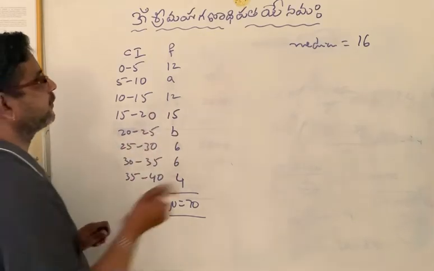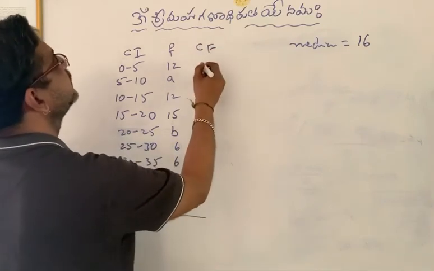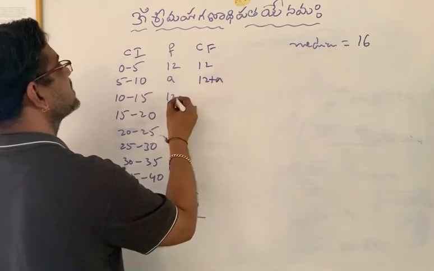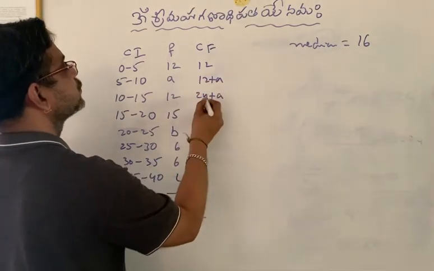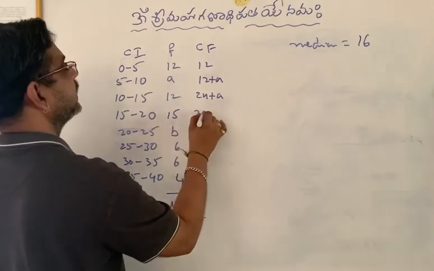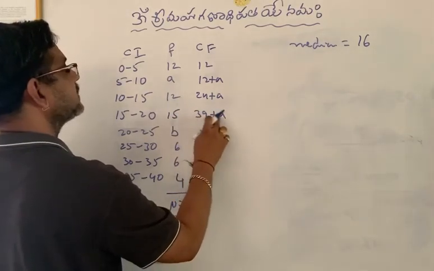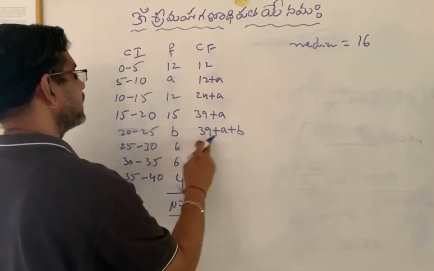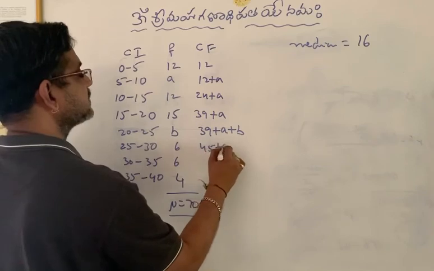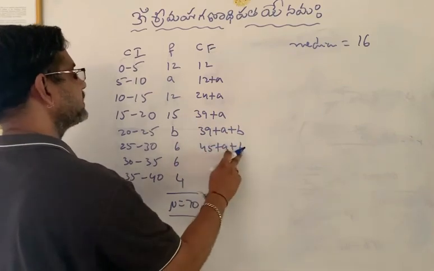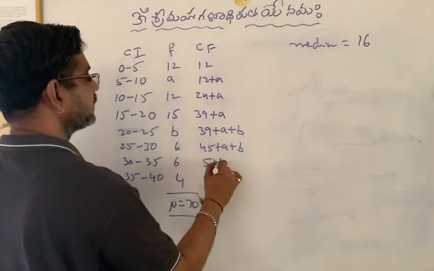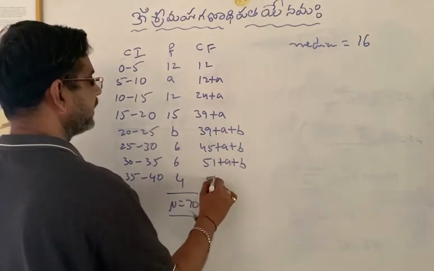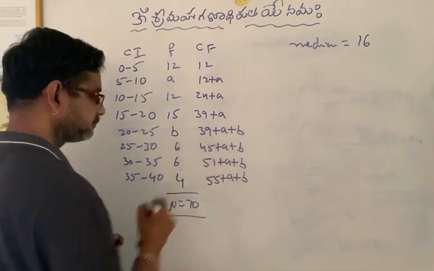Now, as usual, find the cumulative frequency: 12, 12 plus A, 24 plus A, 39 plus A, 39 plus A plus B, 45 plus A plus B, 51 plus A plus B, 55 plus A plus B.